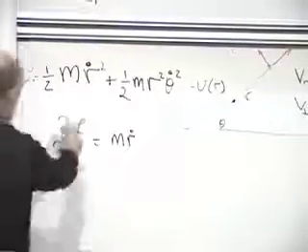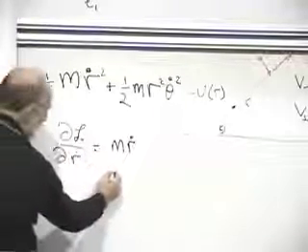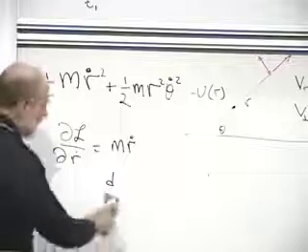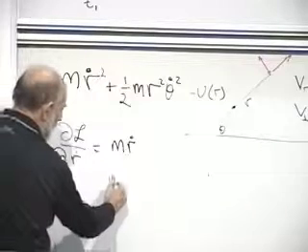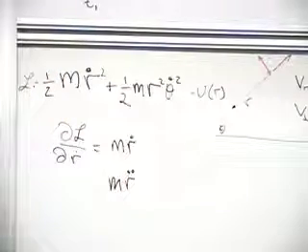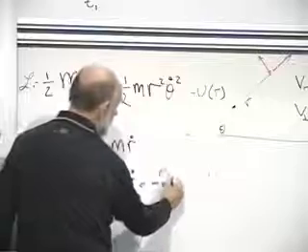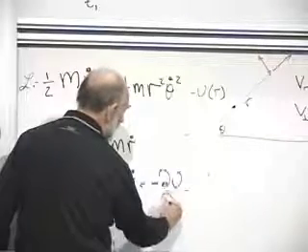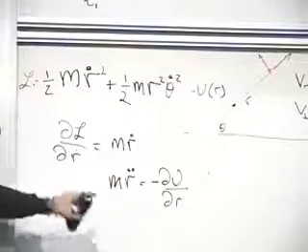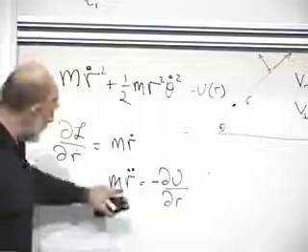All right. Then Lagrange's equations become d by dt of m r dot, also known as m r double dot, the radial component of acceleration, is equal to minus du by dr. Obviously, minus du by dr is the radial component of force. This is just the radial component of F equals ma.